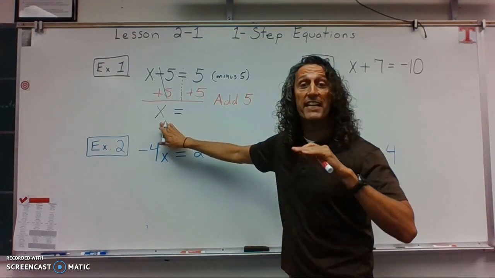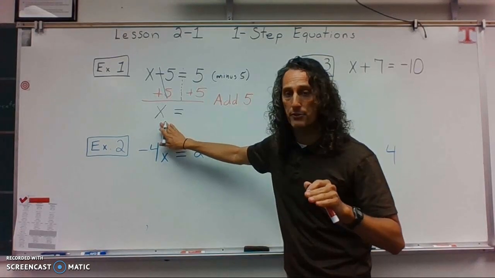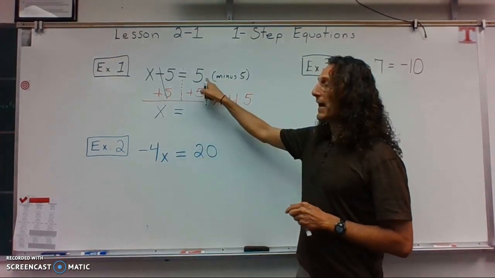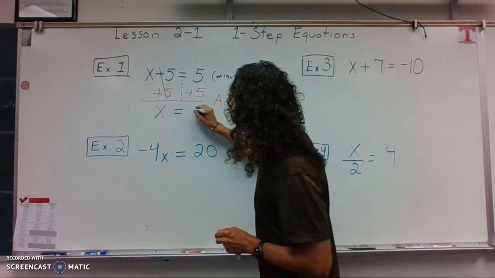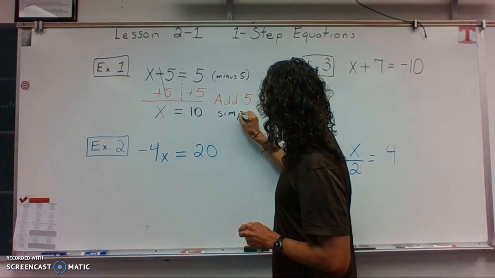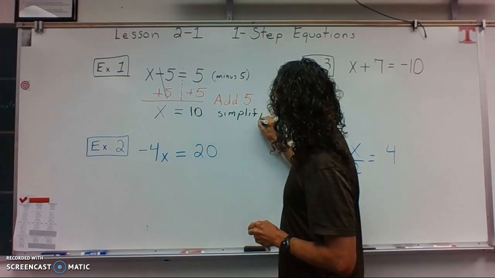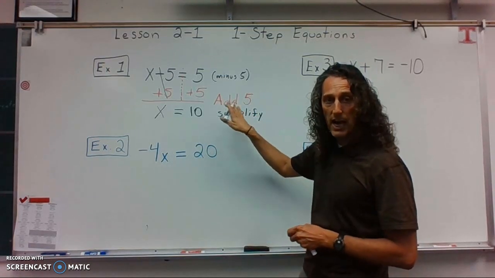Okay? If the x is all by itself, you have solved the problem. That will never change. So over here, we have to do this little bit of math. So use your calculator, go 5 plus 5, and you get 10, right? And that's simply called simplify, which just means basically solve. Right? So you see how we use the opposite?